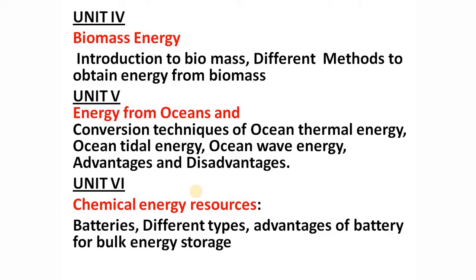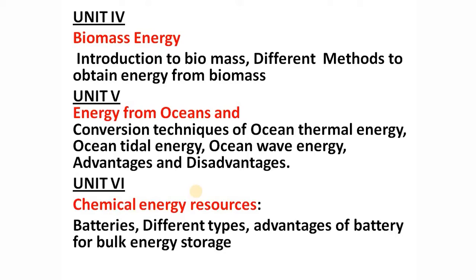There are very advanced modern batteries which can be charged very quickly and discharged with constant power. Modern cars, you must have heard of hybrid cars and electric cars. They need such advanced types of batteries to operate. So such things will be discussed in unit 6.